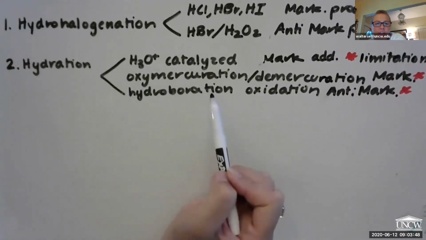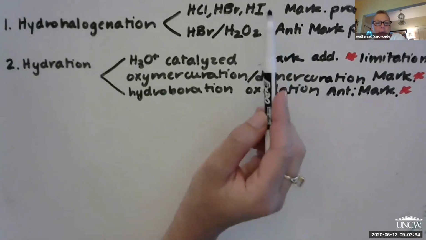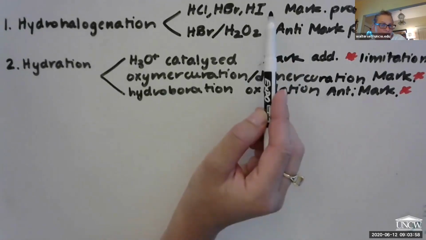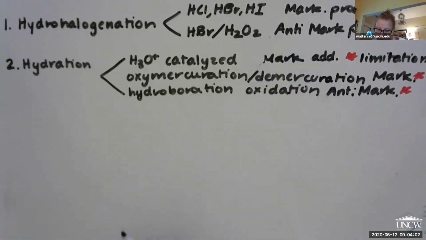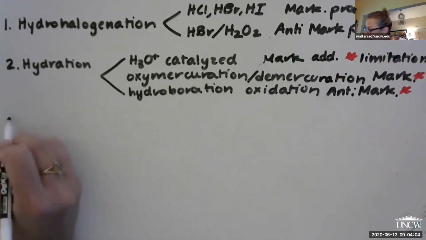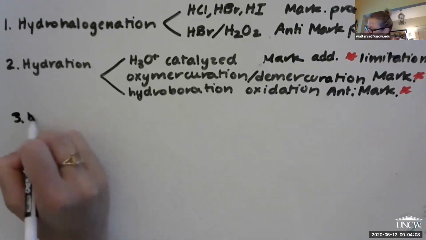Hydroboration, if you have a cyclic structure, you'll get a mixture of enantiomers as well. Hydrohalogenation can have carbocation rearrangements, but you can't do anything to avoid that.